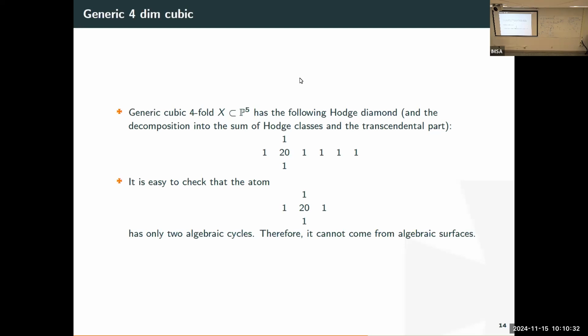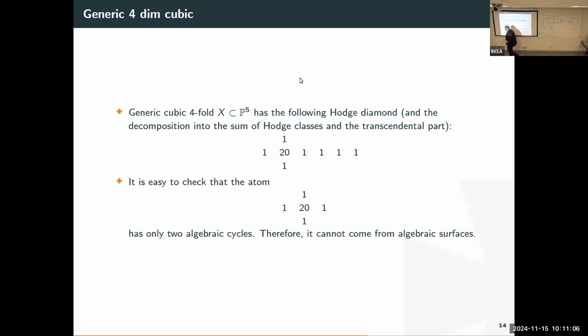And so now, in the case of the four-dimensional cubic, we have the following splitting of its homology. In fact, to put it differently, we have four atoms. One that looks like this piece, and then three others that are just of dimension 1. So we have four eigenvalues of the quantum multiplication by c1 of T of X, and the one over zero corresponds to this piece.